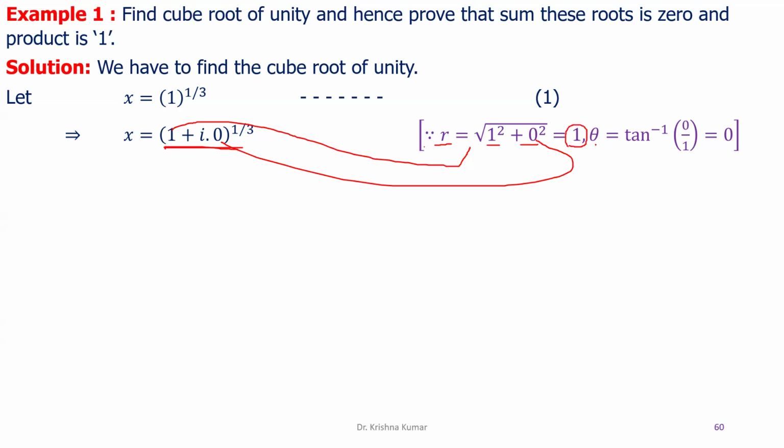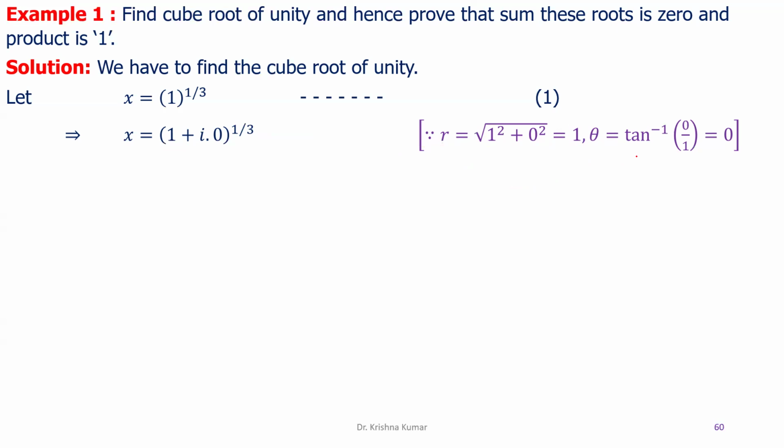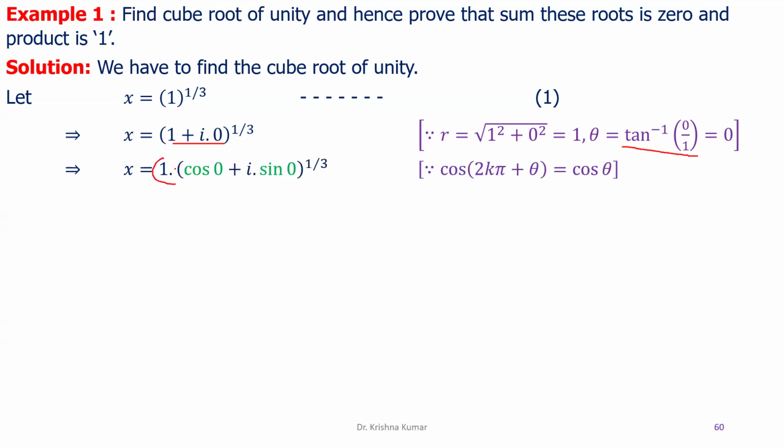Similarly, to find theta, the argument, it is tan inverse of 0 upon 1 since it is in the first quadrant, which gives tan inverse 0, and that is 0. So x can be written as 1, the modulus, times (cos 0 plus i sin 0) to the power 1 by 3.